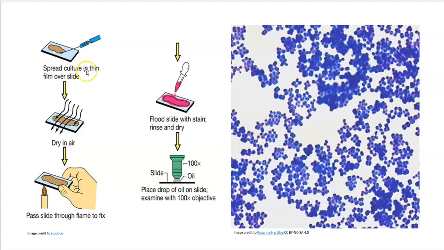If you take a sample of this and you stir it aggressively into that drop of water, you're going to break up those clusters and they're just going to have that single cell arrangement, which isn't what they naturally look like in the real environment. So we gently smear it to maintain that arrangement, which is especially important when you're talking about things like Staphylococcus or Streptococcus that have those unique arrangements.